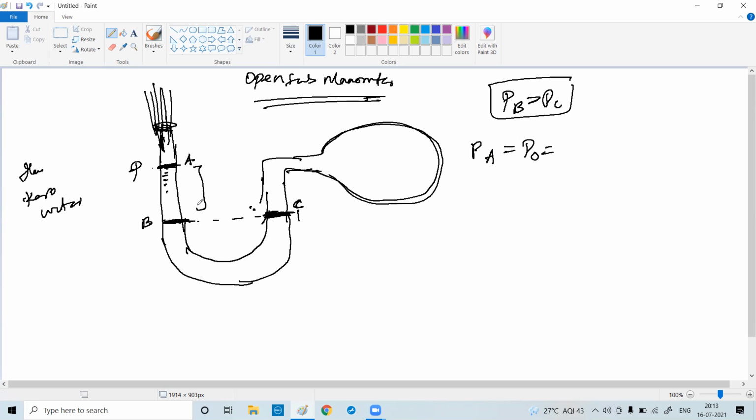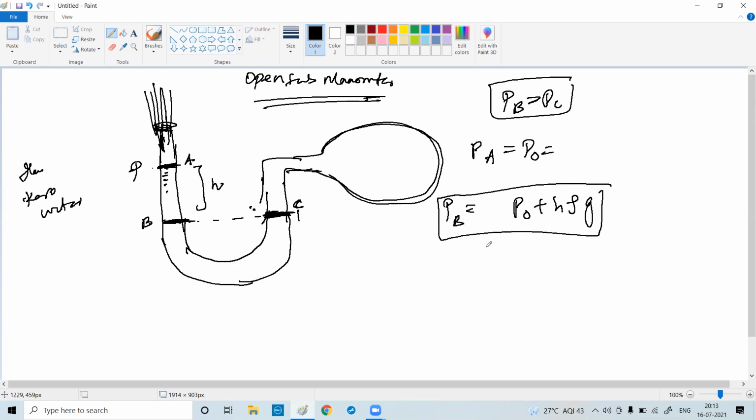You know that this length is some h. Then your PB is nothing but P naught plus h rho g. This is the formula. Yes or no? So you know h, the height difference. You know rho, the density of the liquid if you're using water or kerosene, and you know g. So you found out the value of PB.